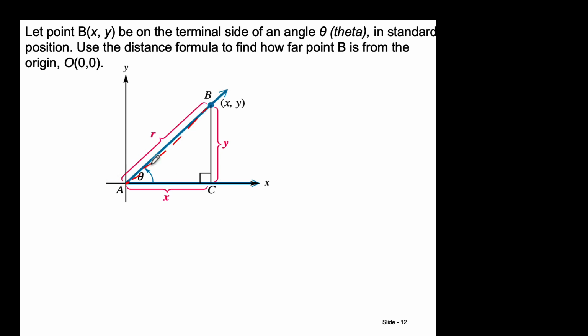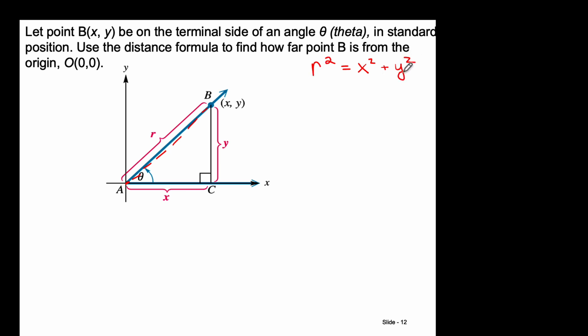So we're being asked to find this distance right here. Okay, this is a right triangle, so you might remember the Pythagorean theorem that says the hypotenuse squared, the distance we're looking for squared, is equivalent to one of the legs of the right triangle squared plus the other leg squared.